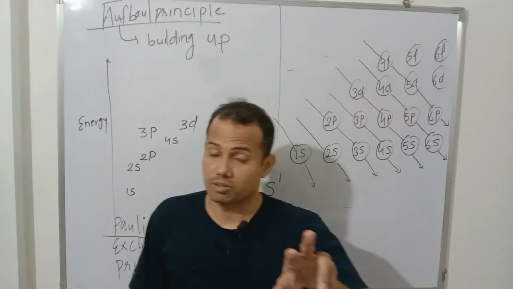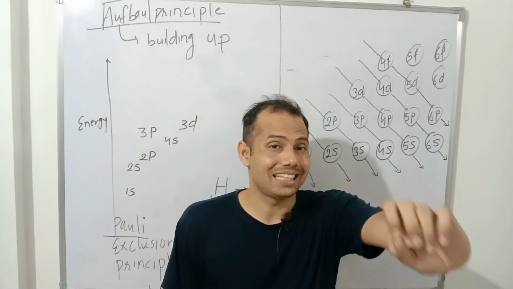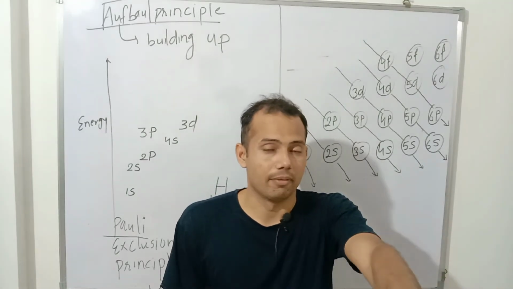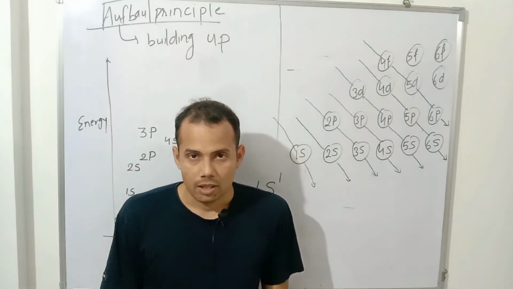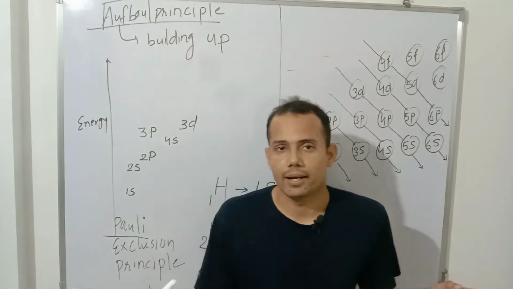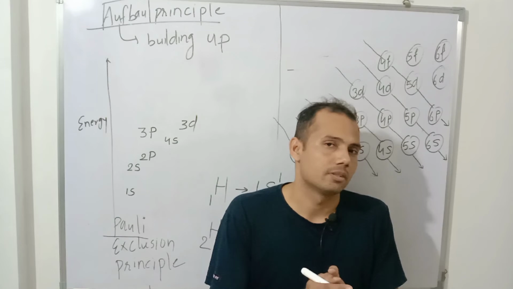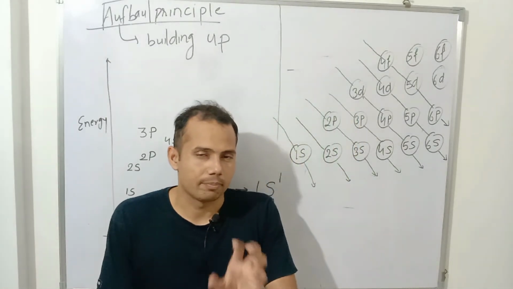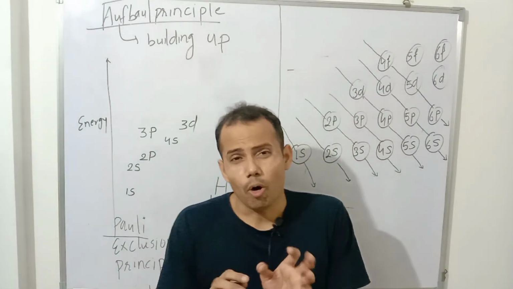What this principle says is that if two electrons are present in the same orbital or sublevel, then these two electrons will not have the same quantum number. I have not discussed quantum numbers here, but I am using that word.